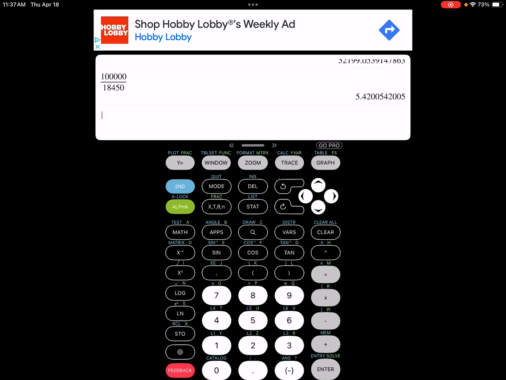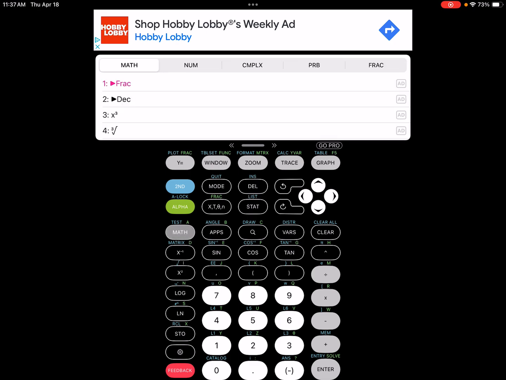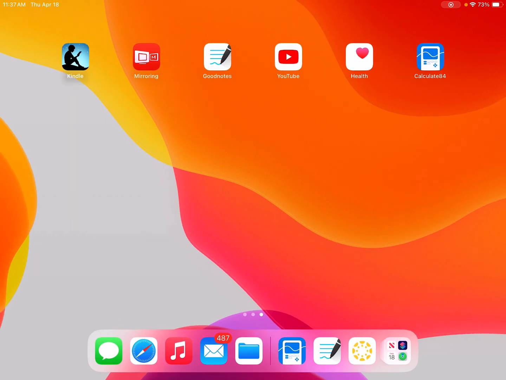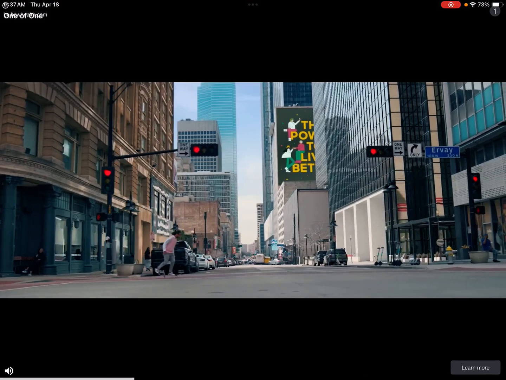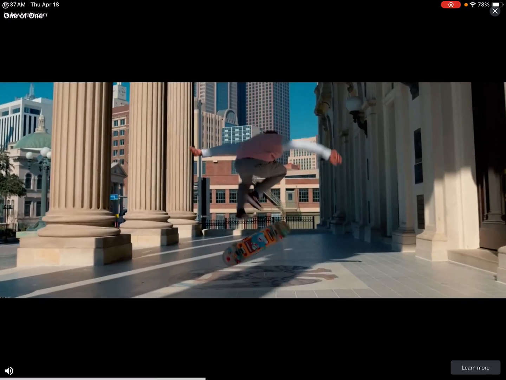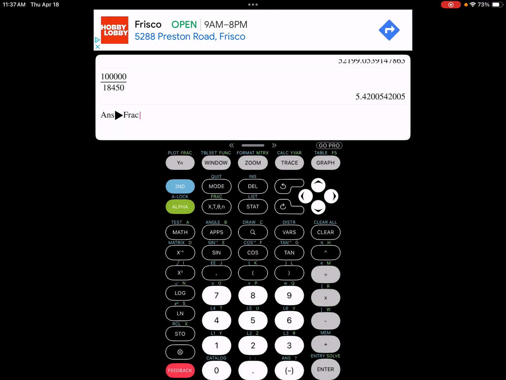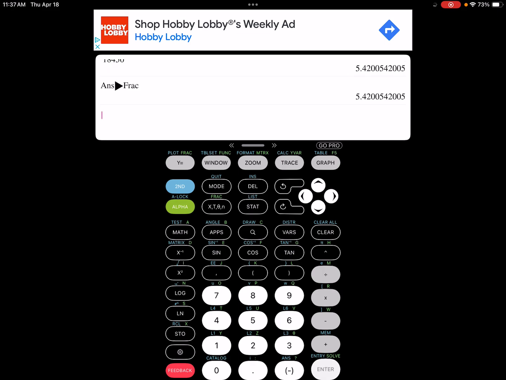So the other option I could try, let me hit math. The first option is fraction. Okay, I'm trying to make that a fraction. It didn't do it. So I don't know if it's this app I have on my iPad's not as good. Let me try typing it.